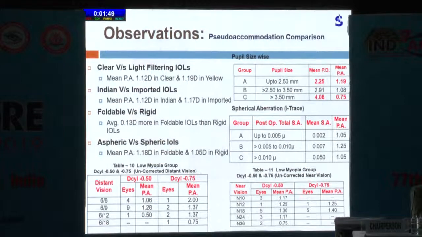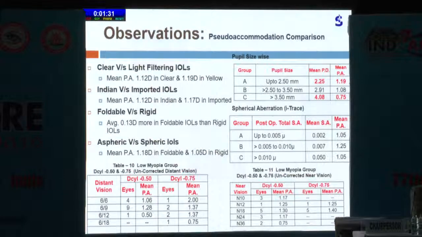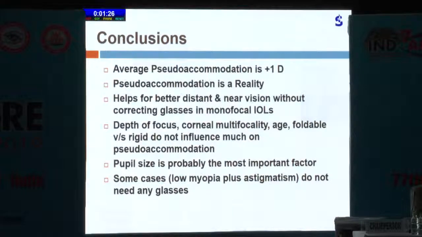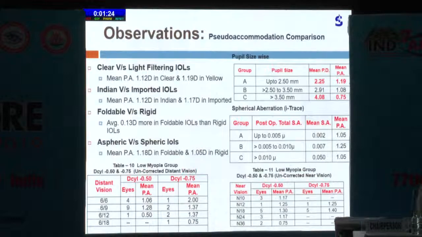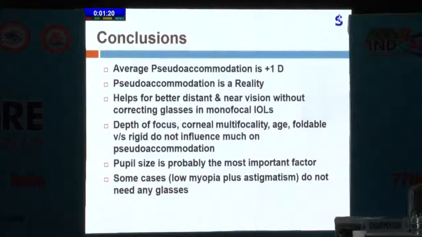However, with pupil size, when it was up to 2.5, it was a maximum of 1.19 diopter, and with more than 3.5, it was less. Anyway, the average pseudo accommodation we found was +1.